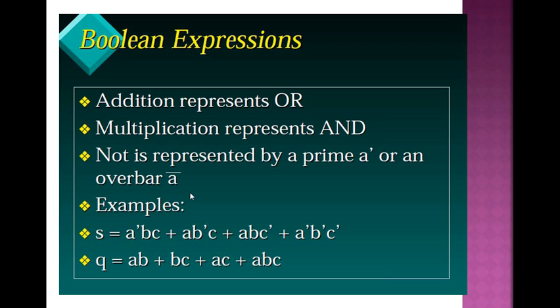Examples: A NOT B C, plus, that is the OR operation, A into B NOT into C, plus A B C NOT, A NOT B NOT C NOT. This is another example: A into B plus B into C plus A into C plus A B C. So these are used for multiplication. All the values are multiplied with each other and then the values are added one by one.